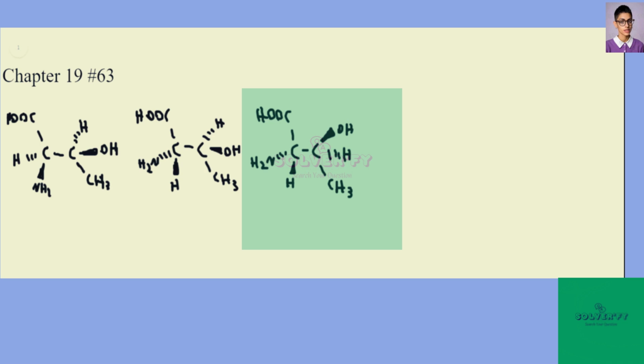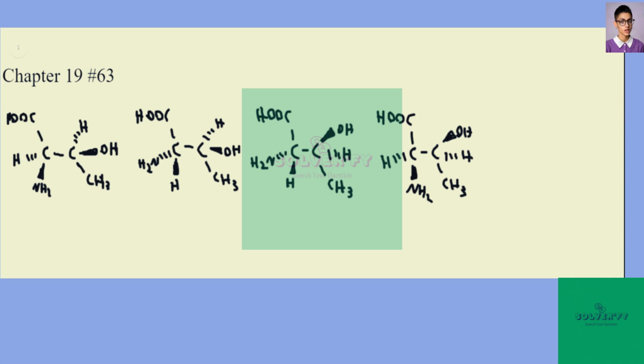And now we just need to flip the left side carbon back, and that will give us our fourth and final stereoisomer. So C, OH, H, methyl group, carboxylic acid, and then back to hydrogen there, and amine on a wedge. Okay, so there are our four stereoisomers.